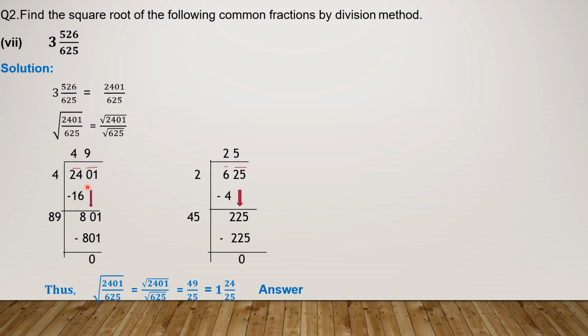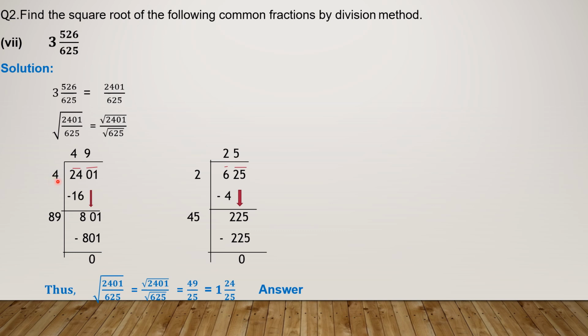Then we will find the square root of 2401. How? First of all we will put the sign of square root, then we will write our number under it. After it we will make pairs from right to left, from the back of our number. This is our pair, this is our pair. Now in the next step we will guess a number so that we multiply that number with itself.